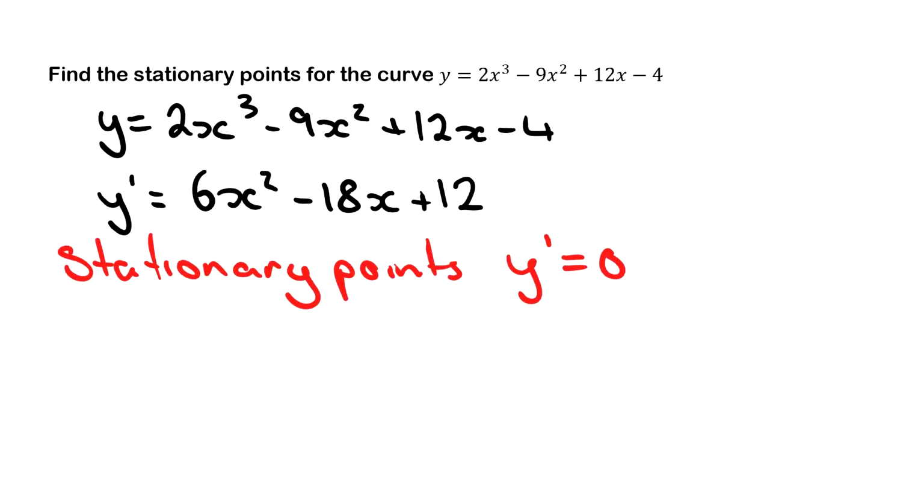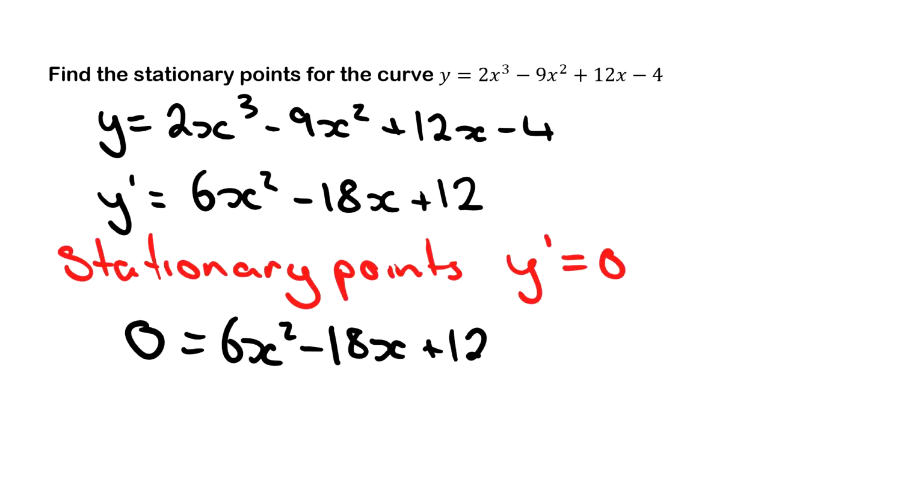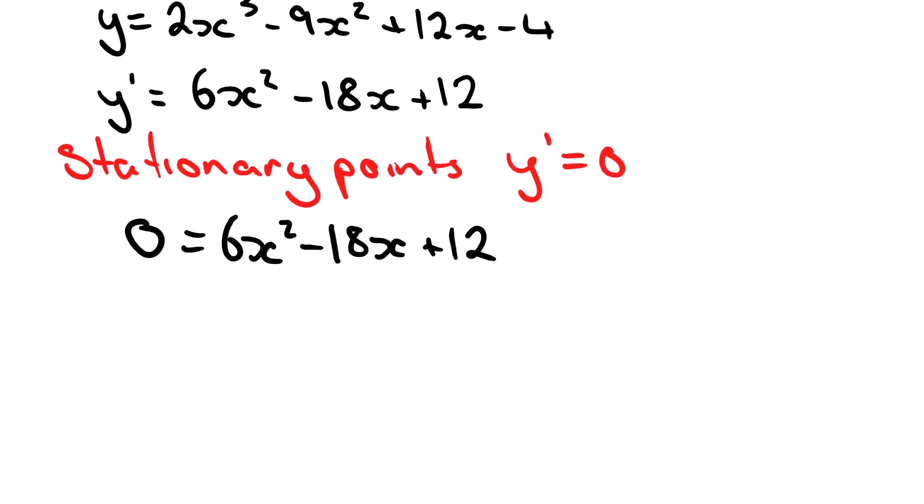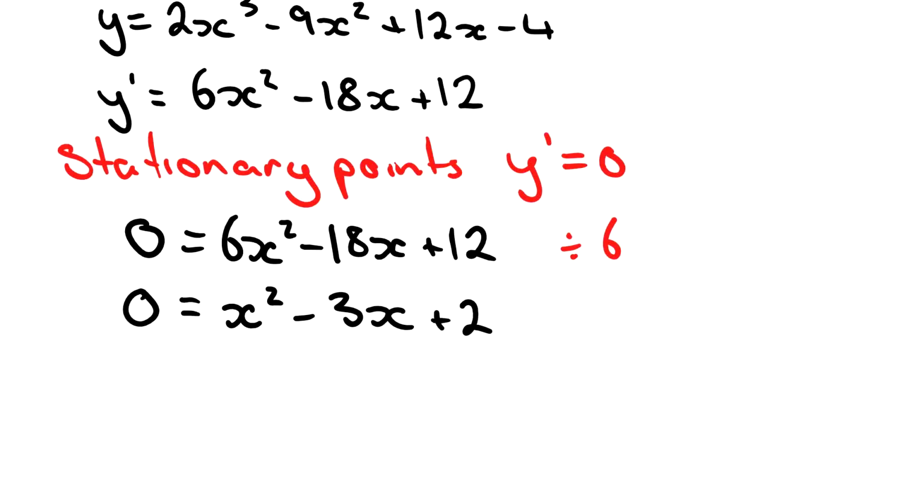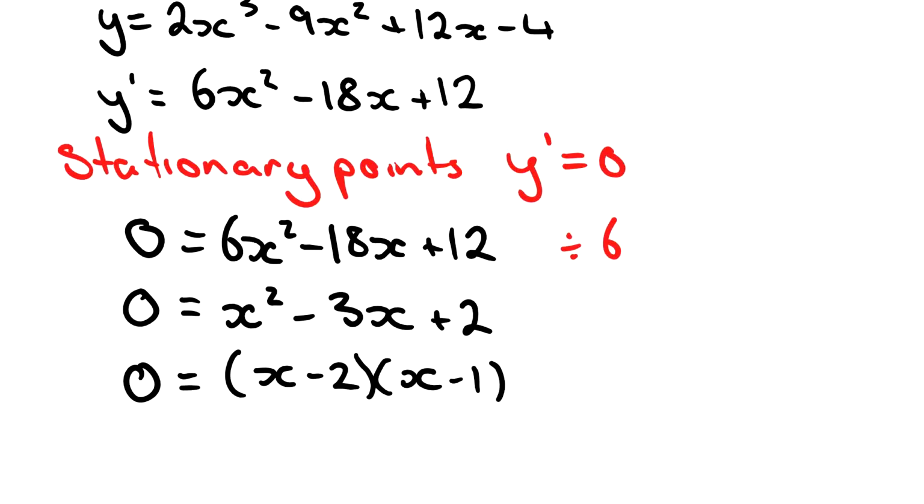So we can say that 0 equals 6x squared minus 18x plus 12. That's a quadratic, but let's do some simplification first. There's a highest common factor of 6, so let's divide everything by 6, and we get x squared minus 3x plus 2. We can then factorize this, so we get (x minus 2)(x minus 1).